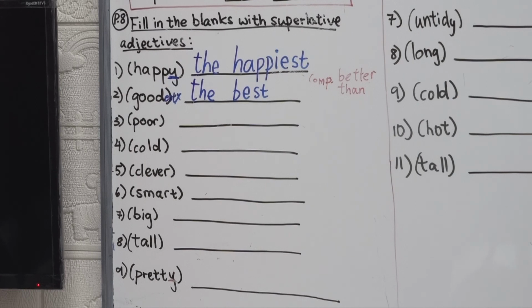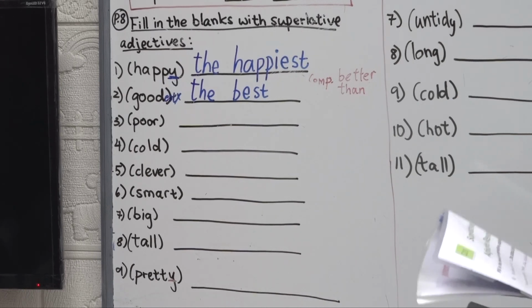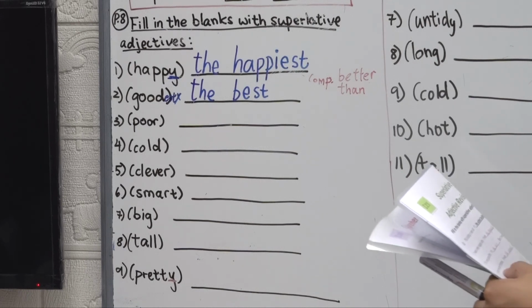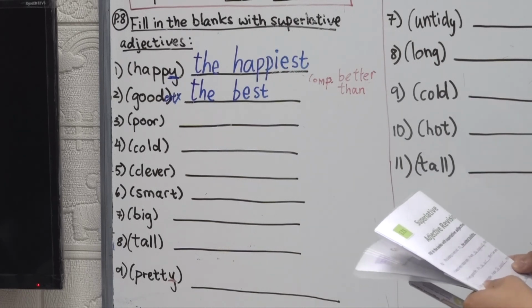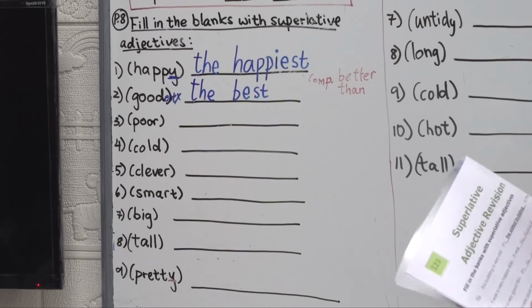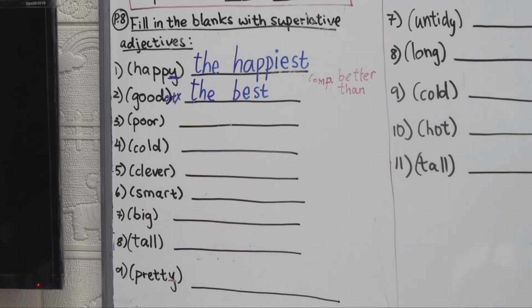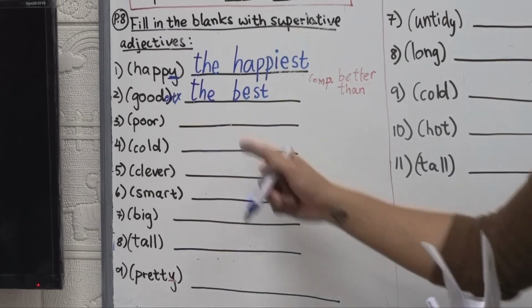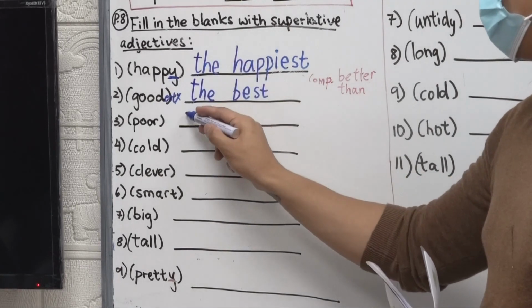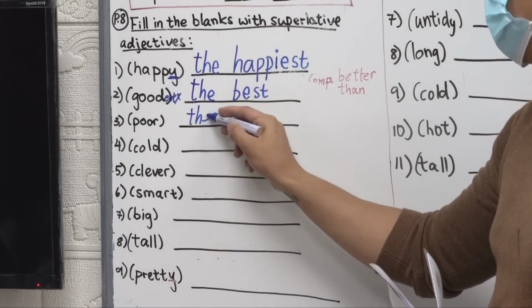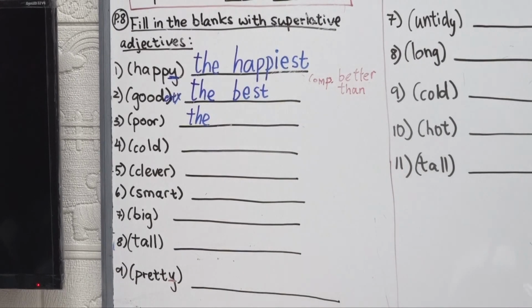Alright, next one, we have the word poor, okay? Poor. Alright, so a bad choice. So this was a very poor mistake. It was blank mistake in my life. Alright, so again, for superlative, we need the article the before the superlative adjective. Poor, how many sounds can we hear? Just one, right?